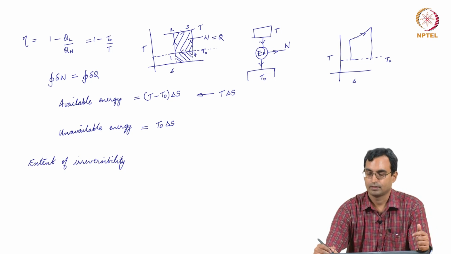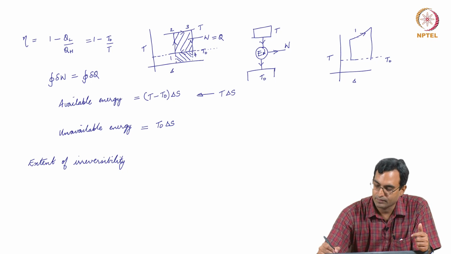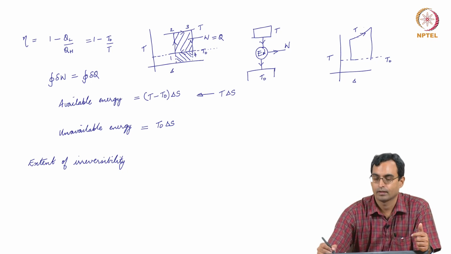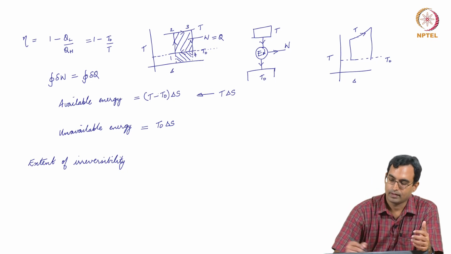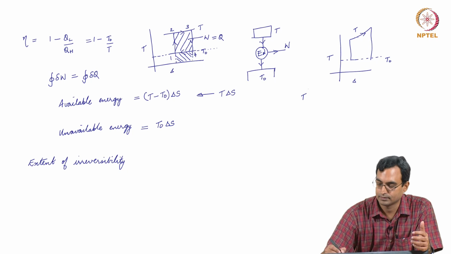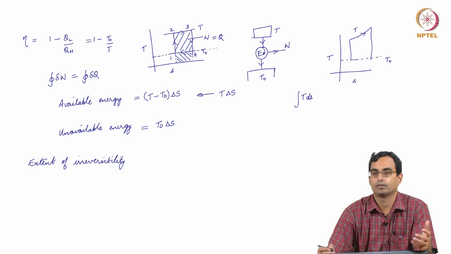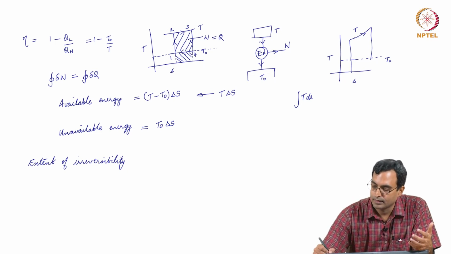So, here what is available is essentially this T as a function of S, that is what is initially given, this T into delta S, where T is not a constant. So, the integral of T into ds is the energy which is there. Whatever is below this is still not available.